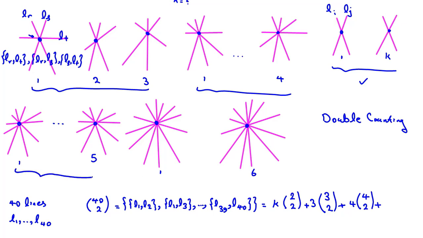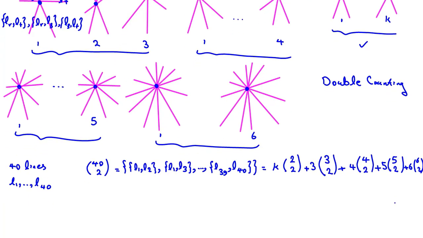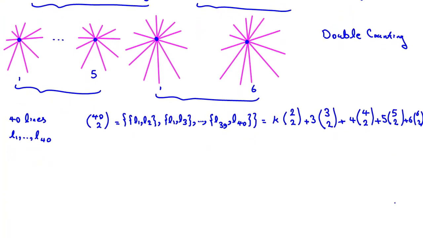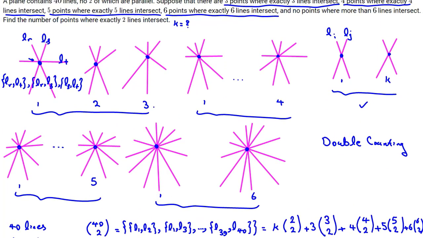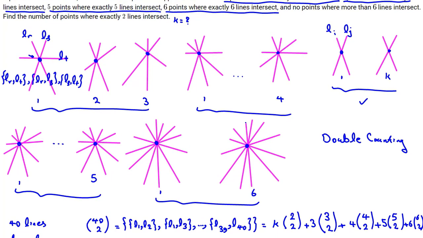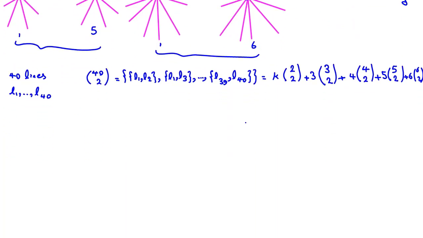The next one 5 times 5 choose 2, and the last one plus 6 times 6 choose 2. Okay, now we have one equation, one variable, and we want to calculate this. And by this condition, because the problem says we only have these intersections, and we don't have parallel lines, we've calculated all pairs exactly once.